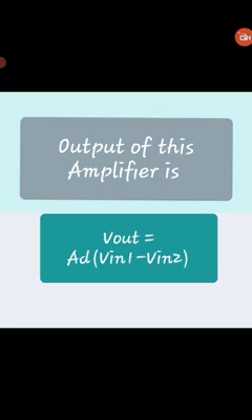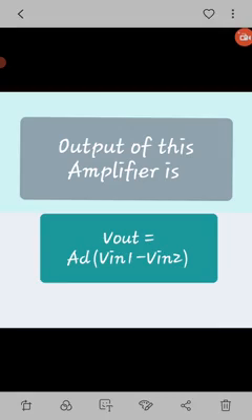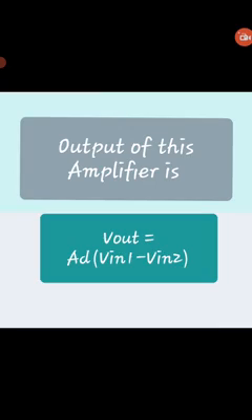In this type of differential amplifier, the output is phi out equals AD in bracket phi in 1 minus phi in 2, where phi out is the output voltage and AD is the gain of the differential amplifier, which is RC upon 2RE.